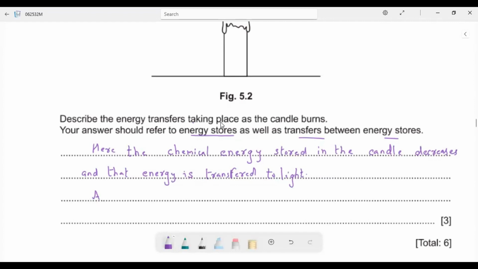And here, heat energy is produced in the surroundings. When the candle is glowing, light is produced. Along with that, heat energy or thermal energy is generated in the surroundings.